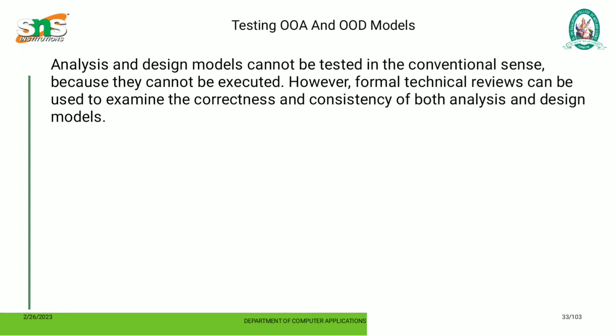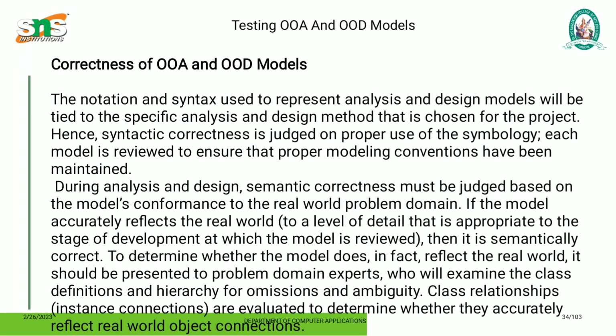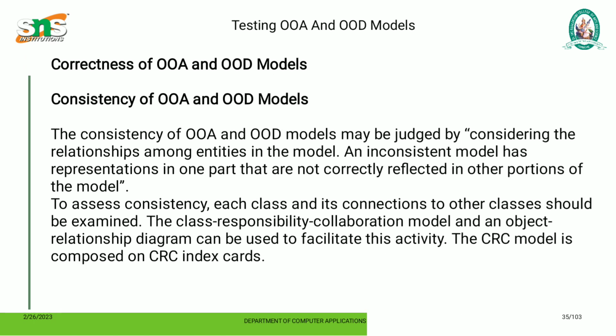So, analyzing OOA and OOD models, we check the correctness of OOA and OOD models. We look for notation syntax used to represent analysis and design models, and the consistency of OOA and OOD models.